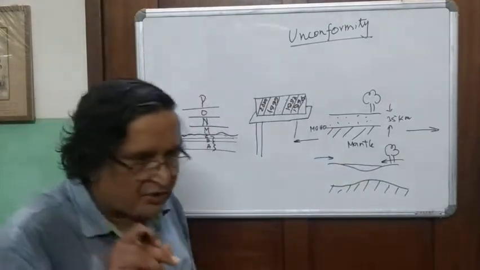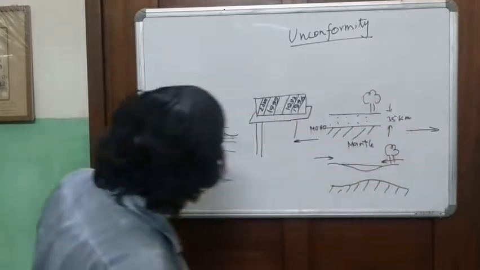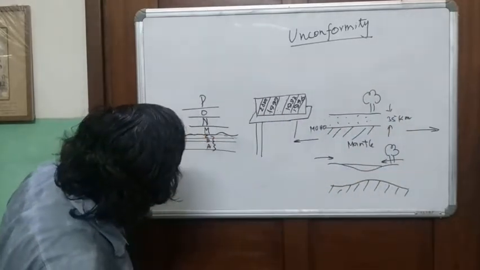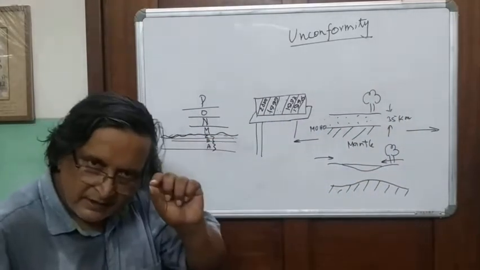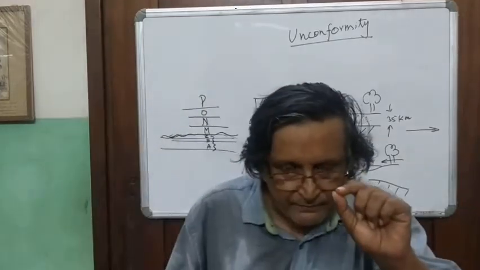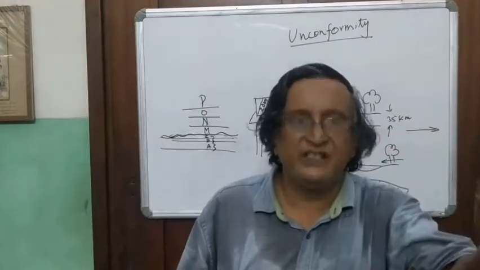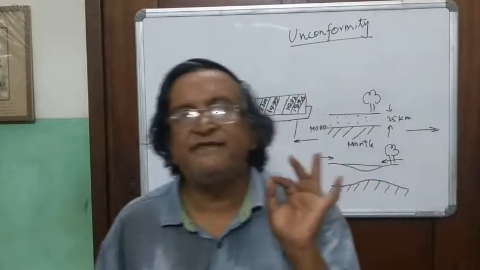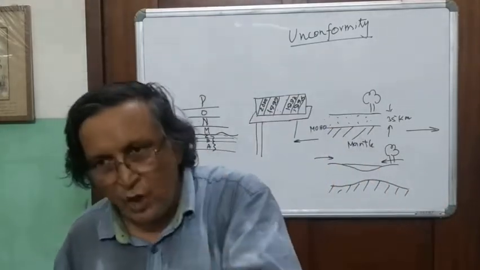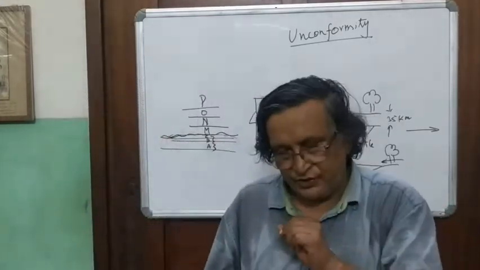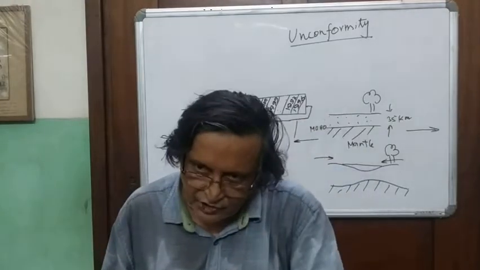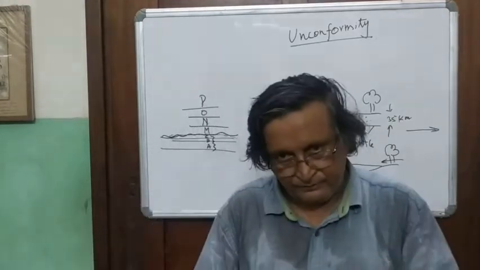So this surface that demarcates that loss of time is an erosion surface. This is not a surface of non-deposition. In non-deposition there is no deposition. In erosion there is deposition and then erosion.